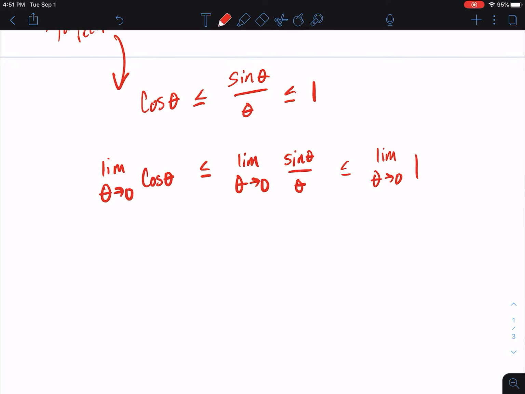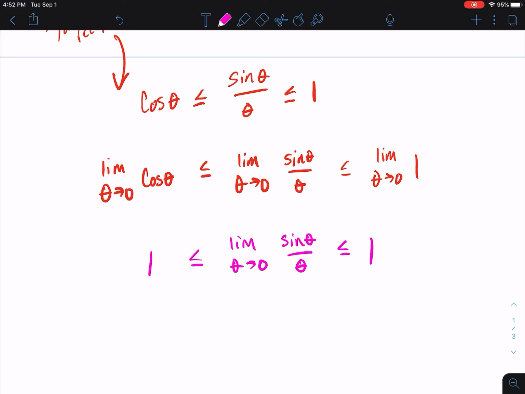Okay, and if we think about the limit, if I plug 0 in for cosine theta, I'm going to get 1. So this limit, as theta approaches 0, of cosine theta is going to be 1. The limit as theta approaches 0 of 1 is 1.